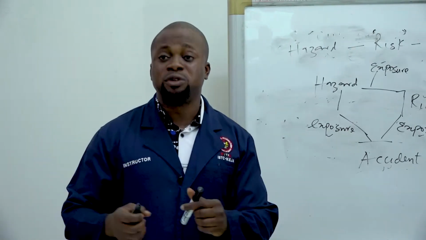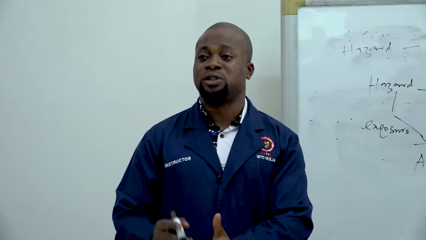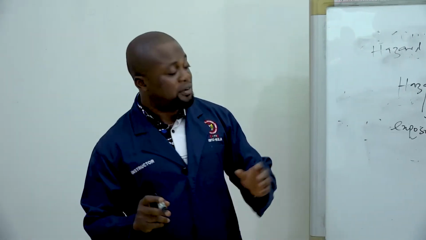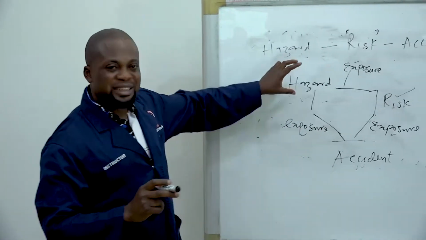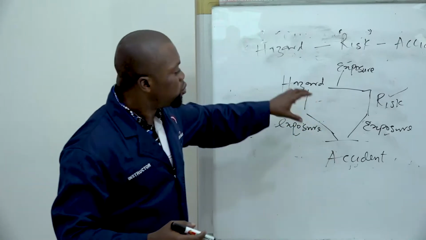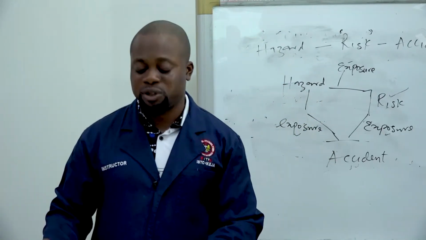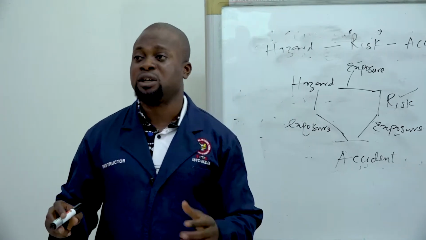So, we've looked at basically hazard, risk, and what? Accidents. And to avoid accidents, hazard, like I keep on hammering on it, is what we have to consider first when talking about what? The lesson, occupational health and electrical workplace.